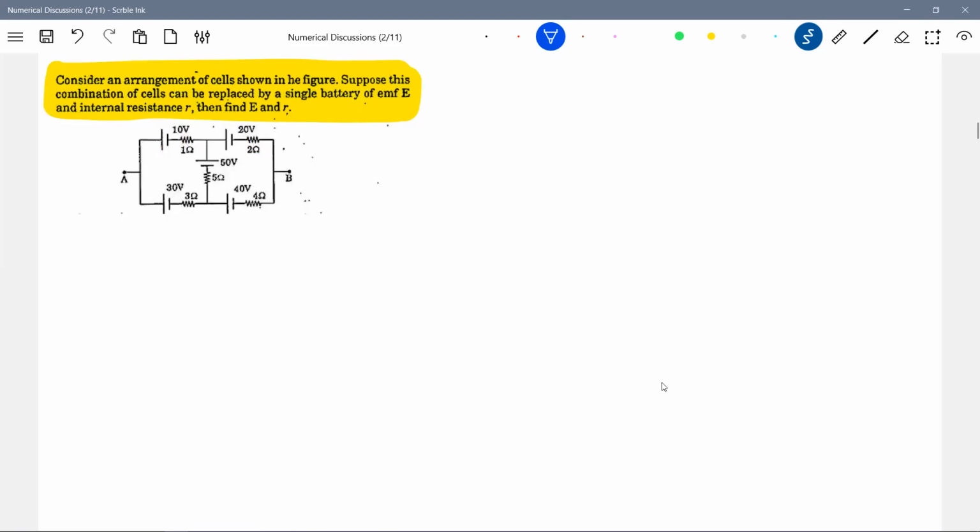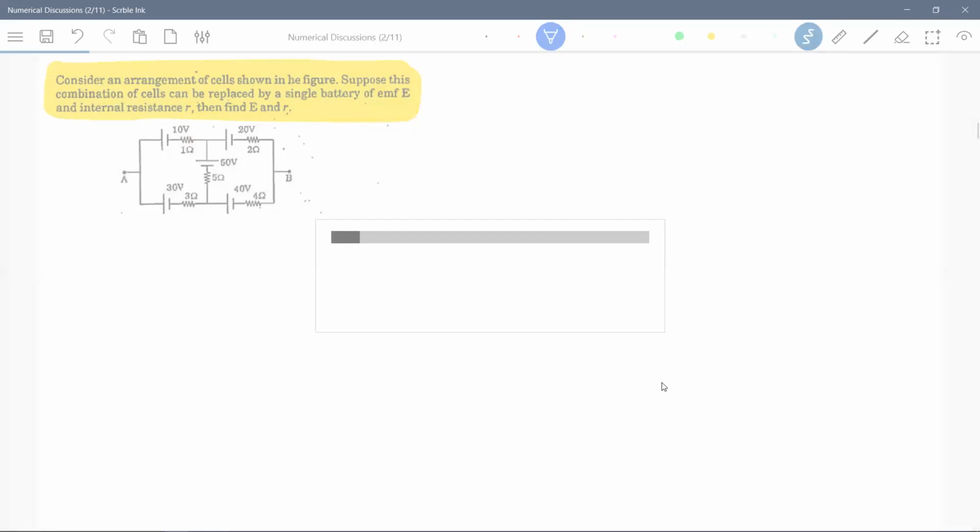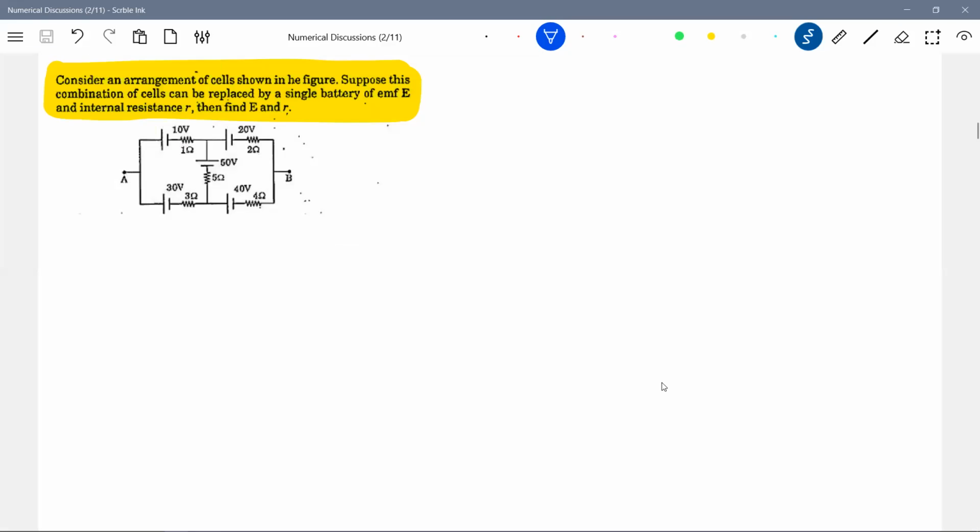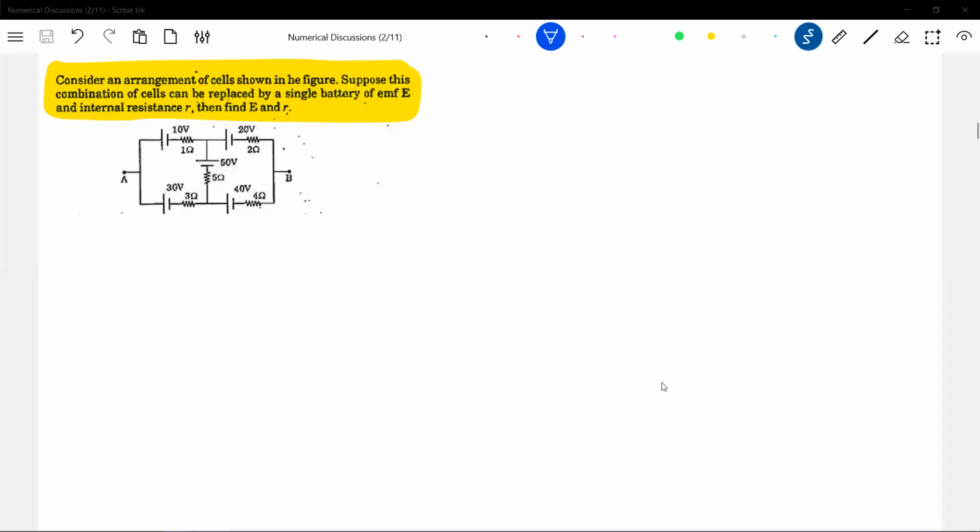I really want you to analyze this. Let's see how students will take it. We have done grouping of cells. Can you remember series, parallel? Look at the cells, how I brought them. Are they series or parallel?